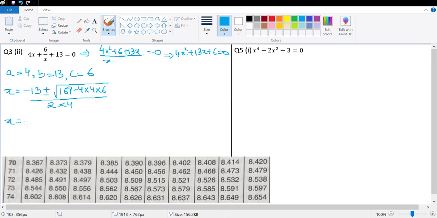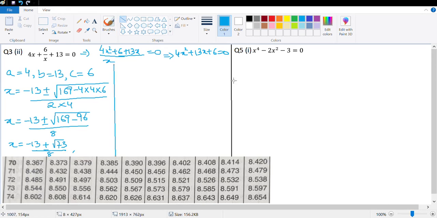So x is equal to negative 13 plus minus square root of 169 minus 4 into 4, 16, 16 into 6, 96, divided by 8. x is equal to negative 13 plus minus square root of 169 minus 96, that's 73, upon 8, or plus minus, let's write it plus minus, we'll do it in the next step. Okay, maybe I've given slightly less space, but hopefully we should be able to finish it. So x is equal to negative 13 plus root 73.